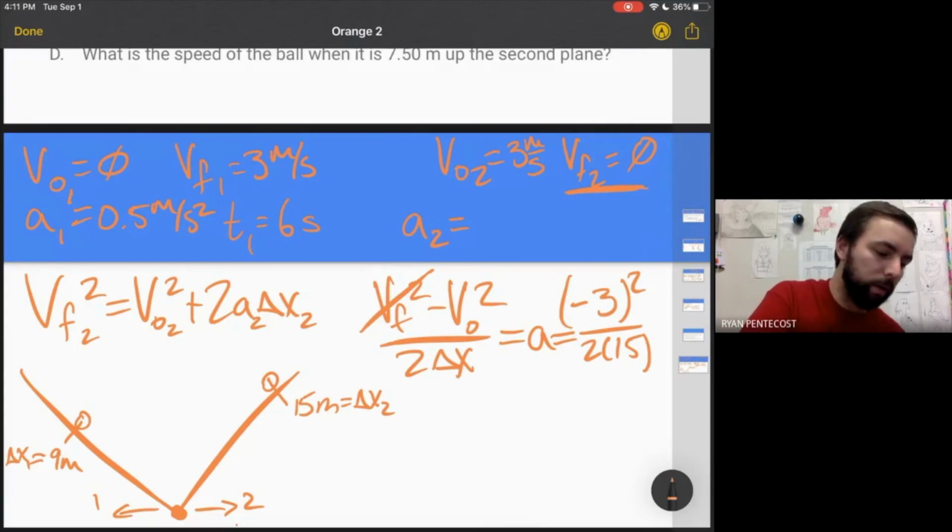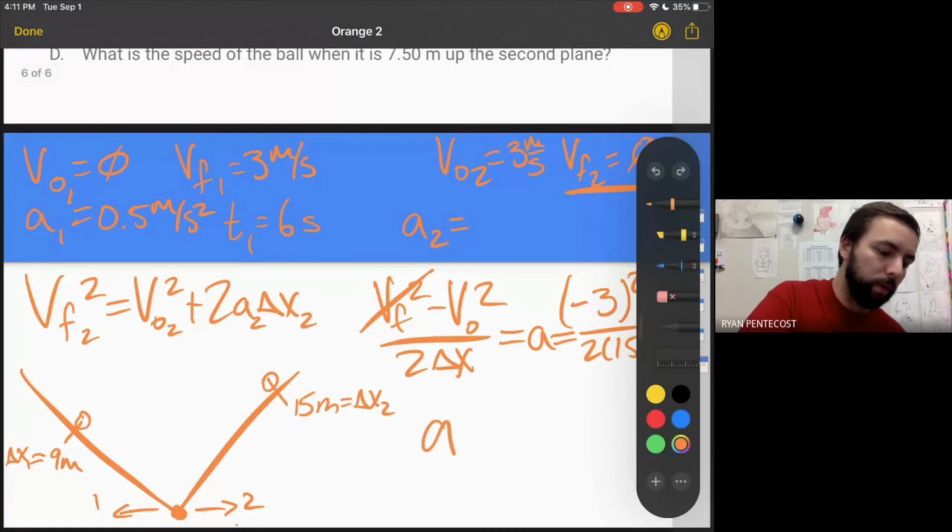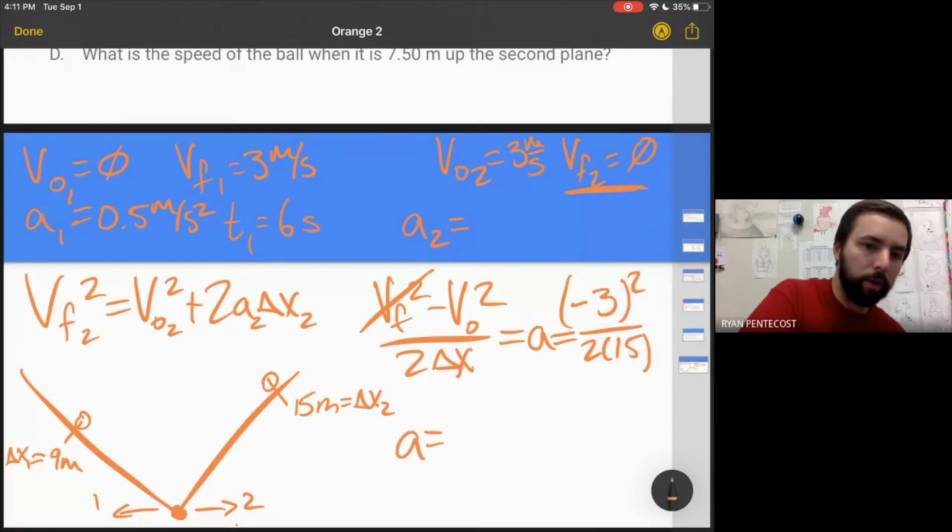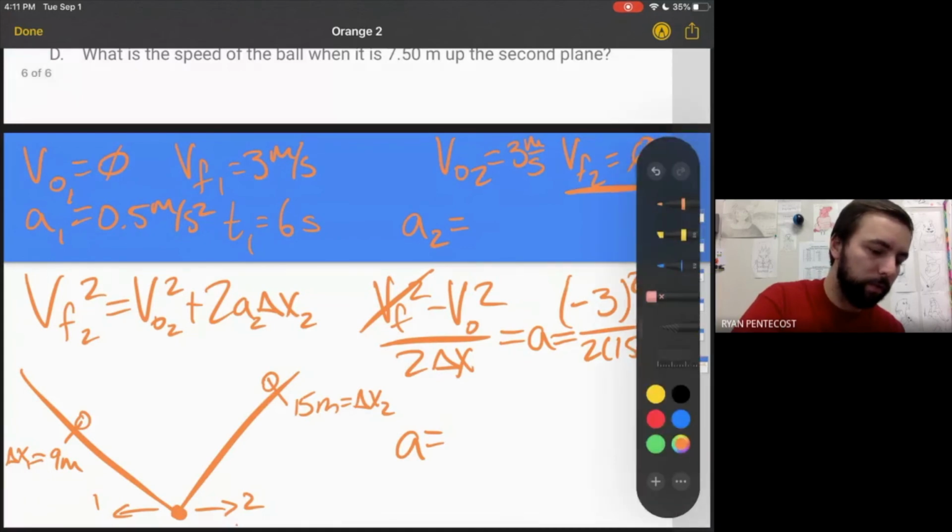But our acceleration here is going to be 9/30. Oh no, that negative will not get squared away. It shouldn't. You're going to square it first and then subtract. It's a subtract, not a negative. I apologize. Let me erase my goof.